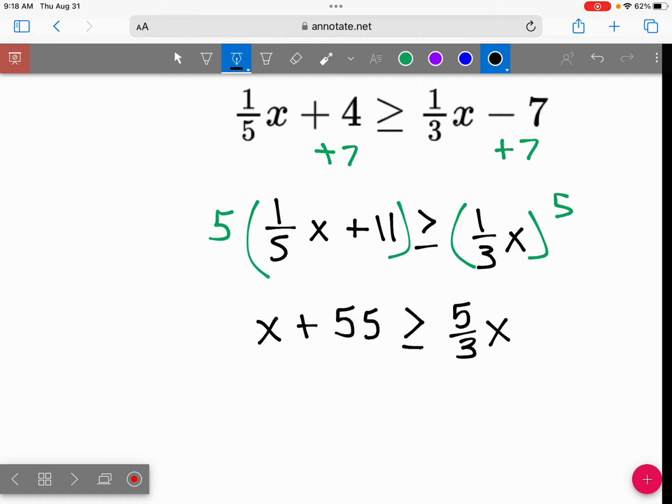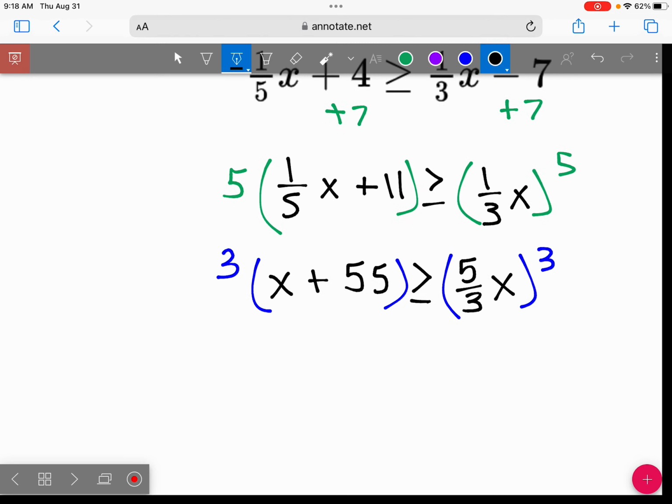Then what? Multiply everybody by 3. Let's get rid of those denominators. So now we have 3x plus 55 times 3, 165, greater than or equal to 5x. You can also do the multiplying up at the top. That's totally fine.